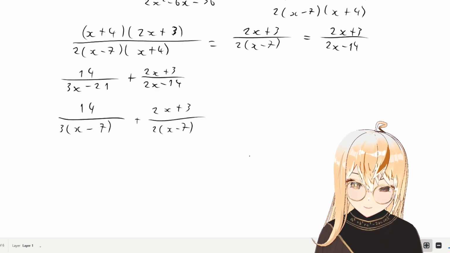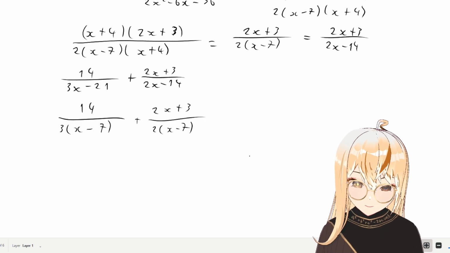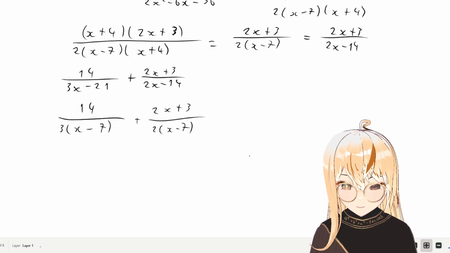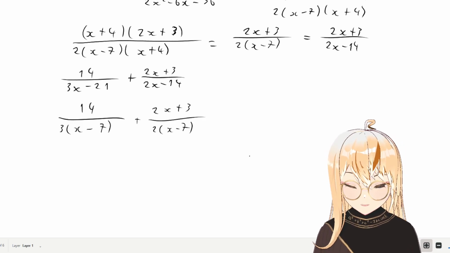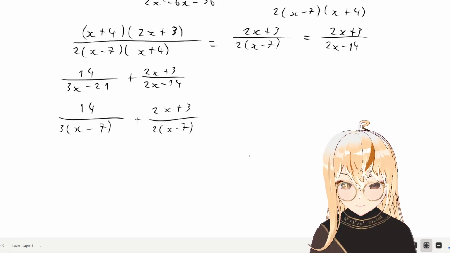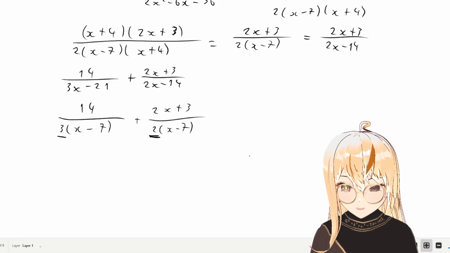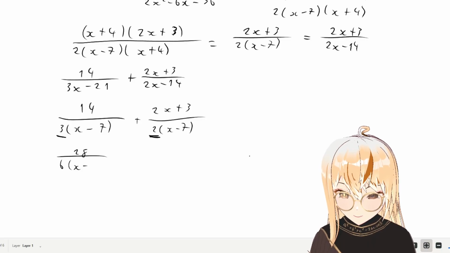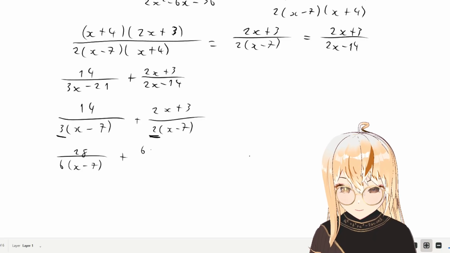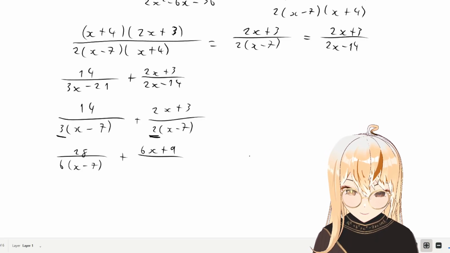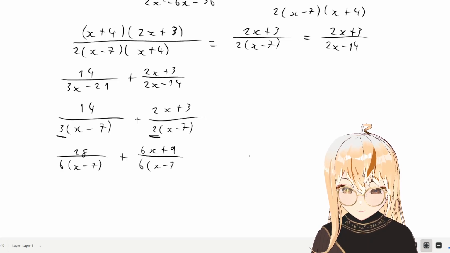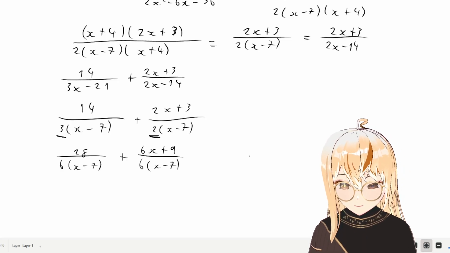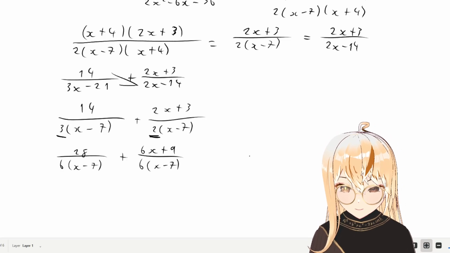And you can notice that both of them have x - 7. So instead of cross-multiplying all of it, we'll just cross-multiply the factors out here. So 2 and 3. So we've got 28 over 6(x - 7), and then 6x + 9 over 6(x - 7). And that's a lot easier than cross-multiplying all of this.